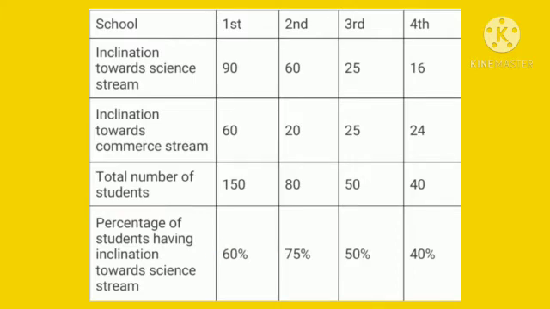Now, as there are 60% of students in science stream, the percentage of students having inclination towards commerce stream will be 100 minus 60, which is equal to 40%. Similarly, we will calculate the percentage of the second, third and fourth school respectively.